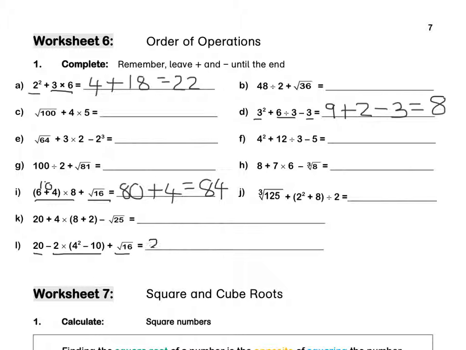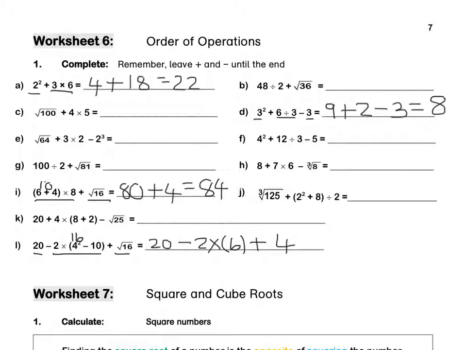We have 20 minus, then we have 2 times the answer to our bracket. 4 squared is 16, and 16 minus 10 is 6. So the answer to the bracket is 6, plus the square root of 16, which is 4.